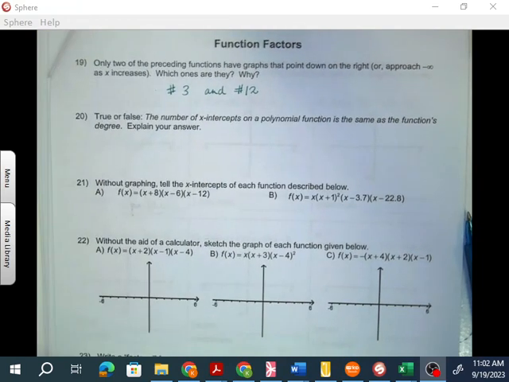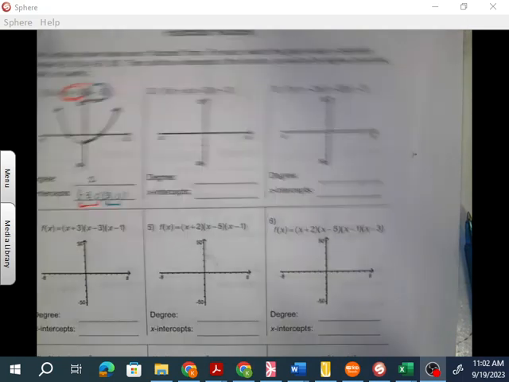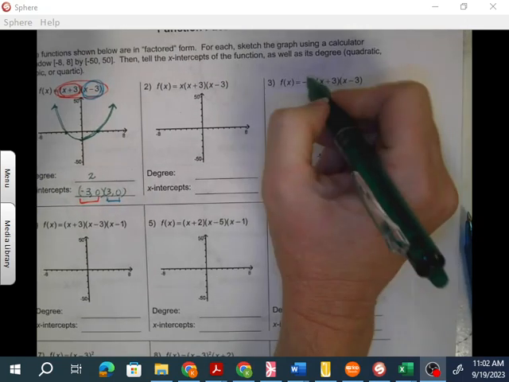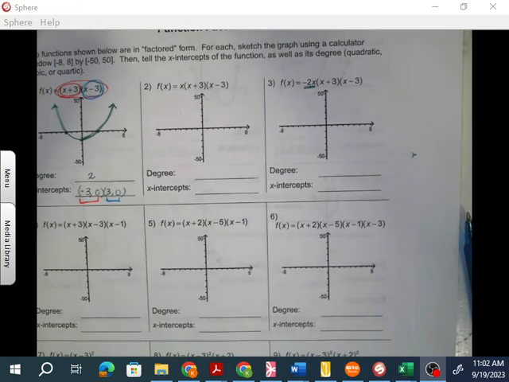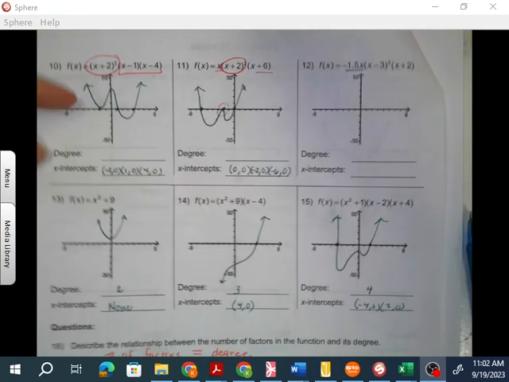Why? They have a negative x value in front of the parentheses. Perfect. So if you look at number 3, it has this negative 2x. And if you look at 12, it has the negative 1.5x in front. So they do have a negative value in the front.